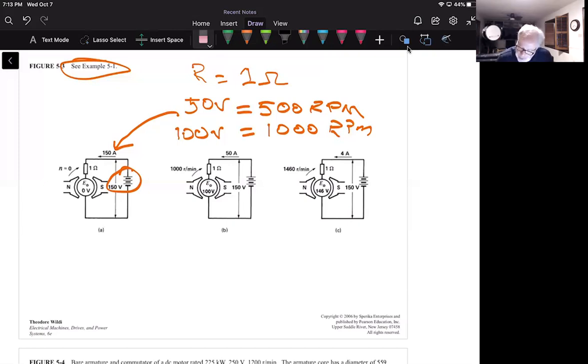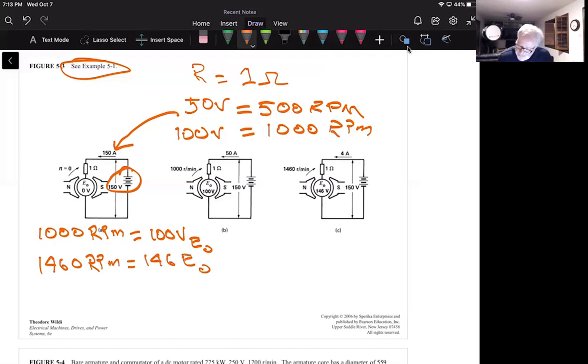So 1,000 RPMs equated to 100 volts, E sub O, and let's put this one down as well, 1,460 RPMs equated to 146 volts, E sub O. Now I can do these remaining problems because he's asking what the armature current is at these different voltages.